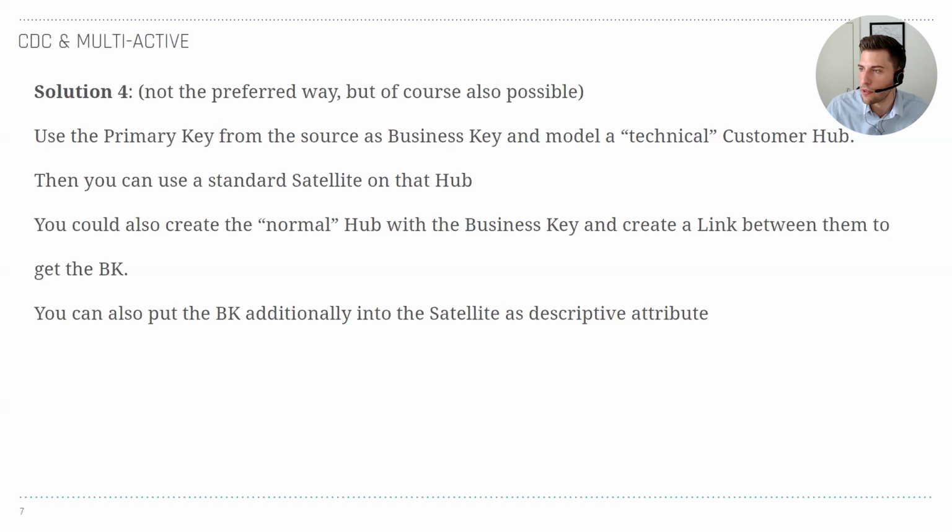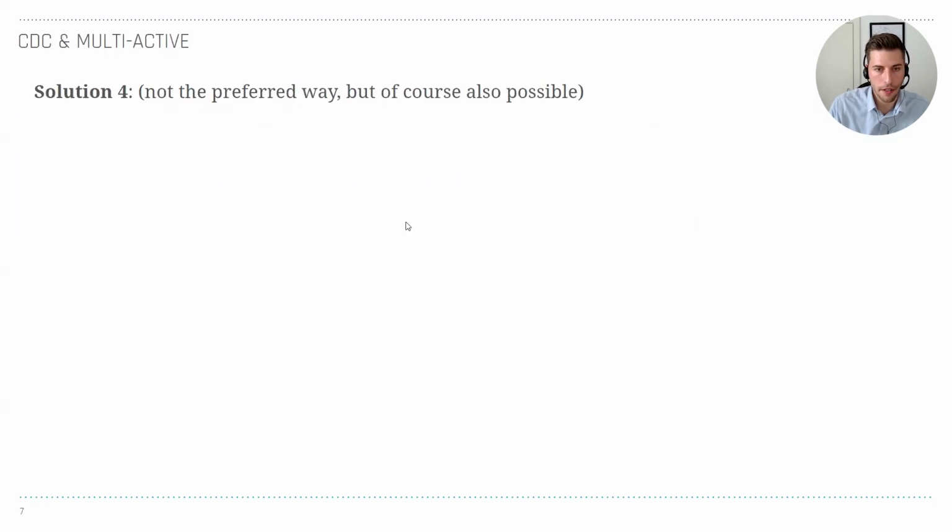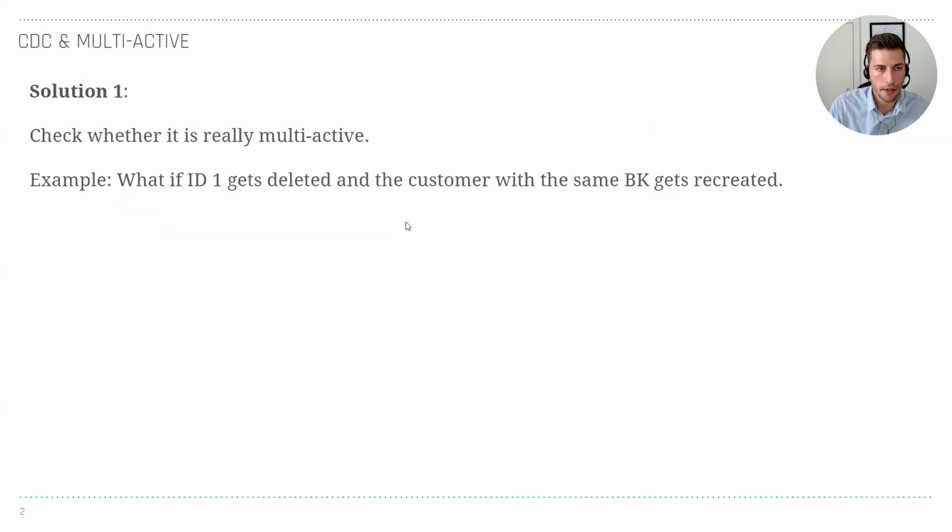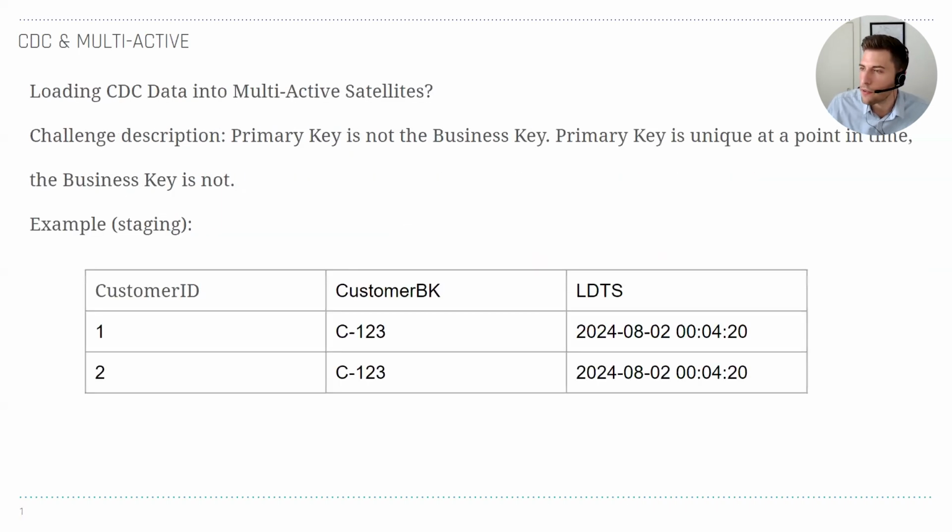Customer 1 and 2 created. Customer 1 deleted on. Okay, so the initial creator says, let me go back to the very beginning with the example here. You say customer 1 and 2 created on the 1st of August, and customer 1 deleted on the 2nd.